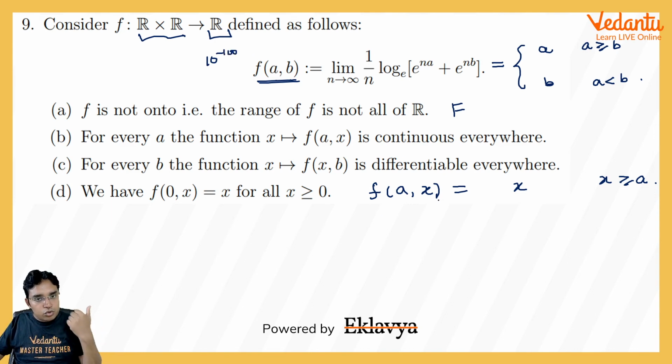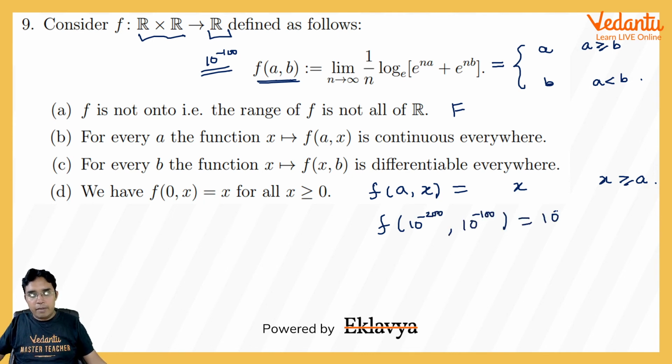I just have to choose one a which is lesser than 10 power minus 100, maybe 10 power minus 200, and then 10 power minus 100. This will give you 10 power minus 100, and this way any value of your choice can be the value of this function. So this function has to be onto, not onto is false.